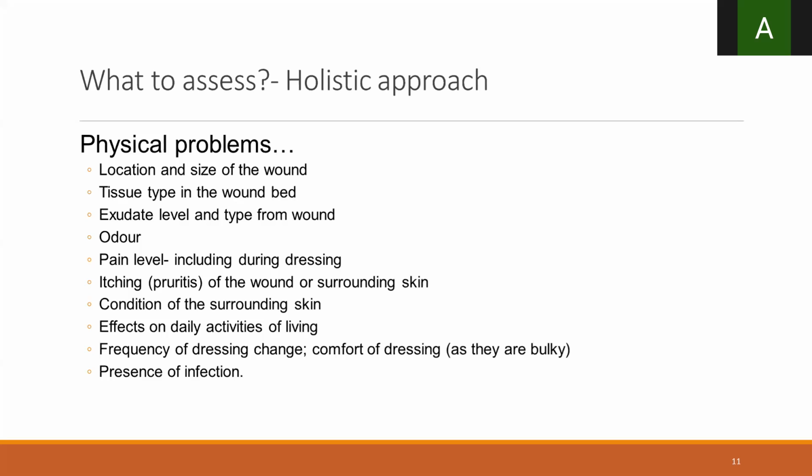Location and size of the wound should be seen. Then tissue type, what kind of tumor it is, what kind of wound bed there is, and the condition of the wound. Exudate: what is the level and type, what kind of exudate is there, that can also be examined.